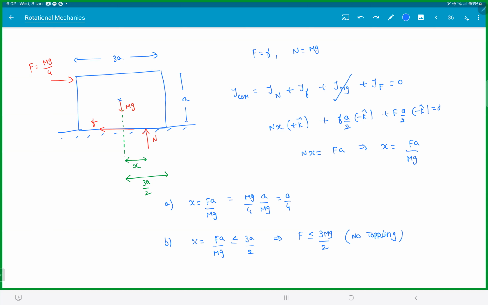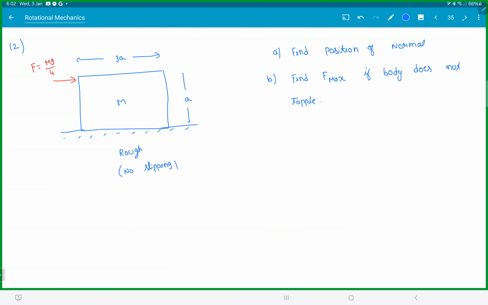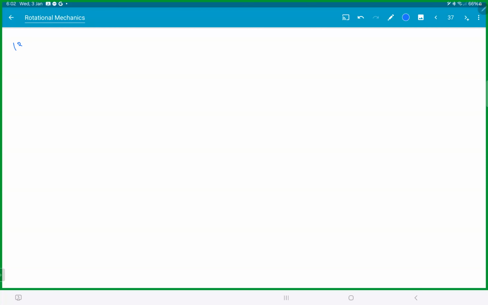Okay, next one. Let's see something similar to this. Theta, it is rough with coefficient mu.